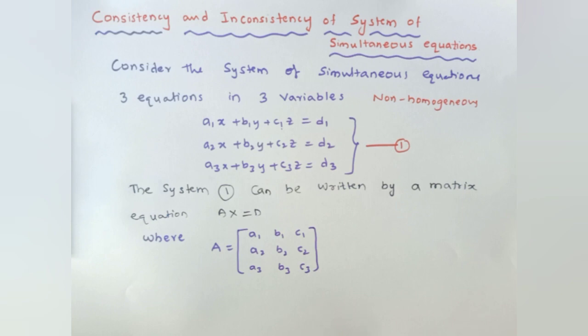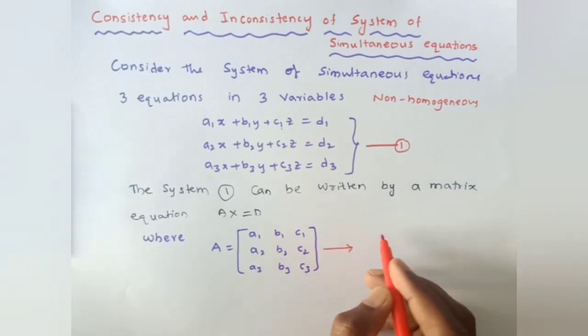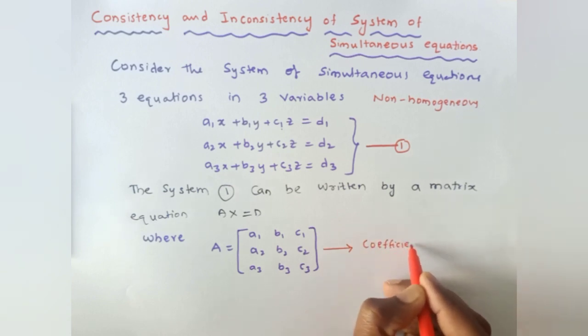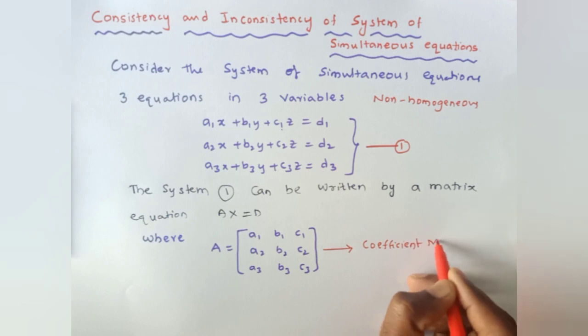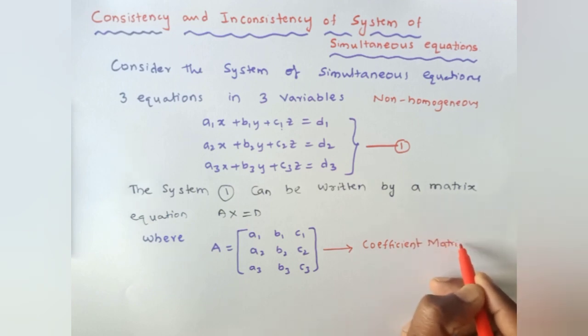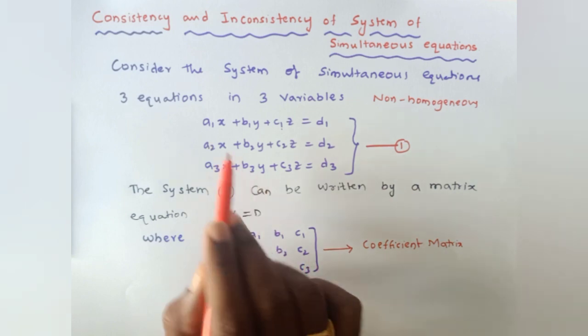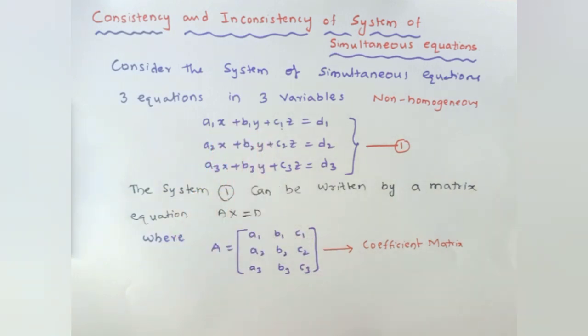This matrix is known as the coefficient matrix, since the constants a1 b1 c1 a2 b2 c2 a3 b3 c3 are the coefficients of x y z, so it is called a coefficient matrix.